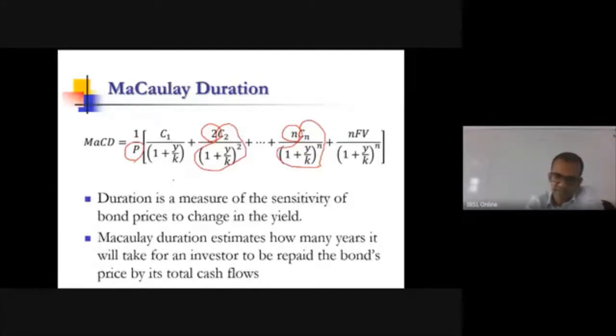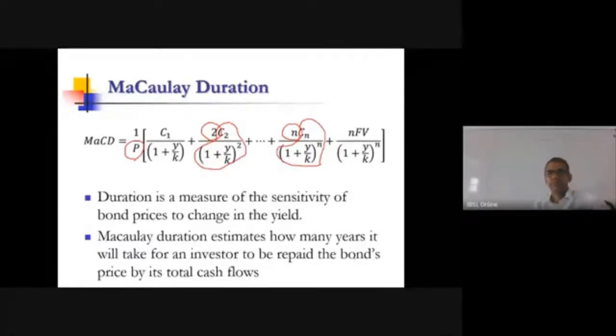There are a few definitions or interpretations for this Macaulay duration. One, it says Macaulay duration estimates how many years it would take for an investor to be repaid the bond's price, so based on its total cash flows.